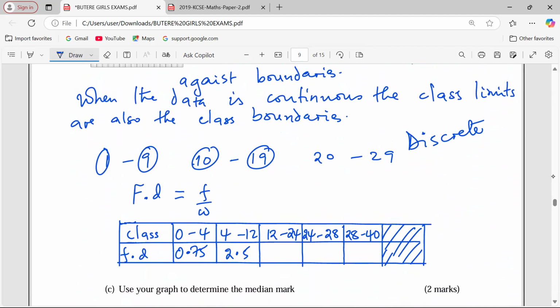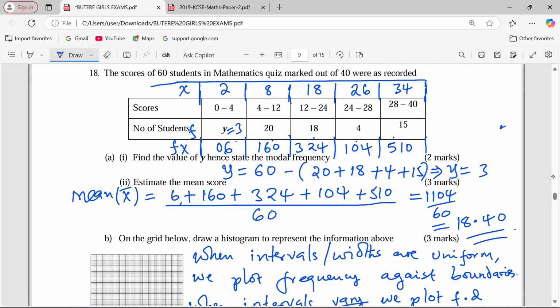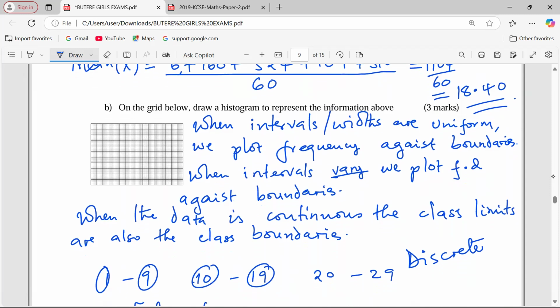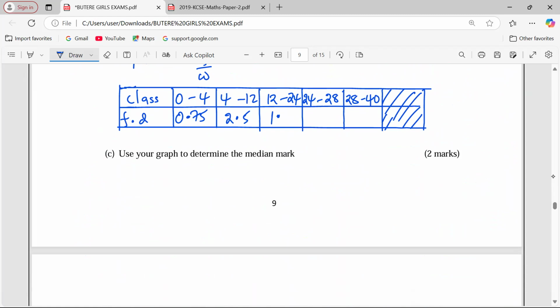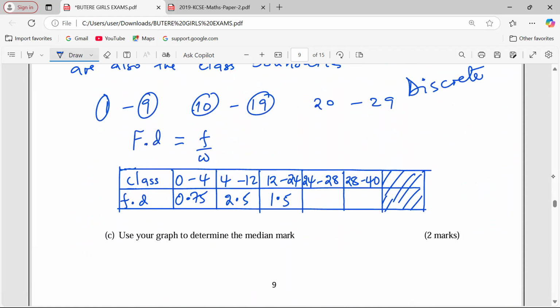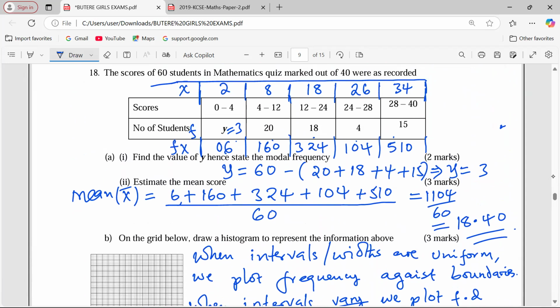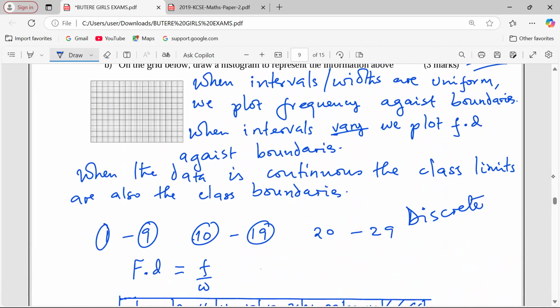From 24 to 12, we will have a class interval of 12. What is the frequency? The frequency is 18. So 18 over 12, we get 1.5. The next, from 28 to 24, we have a class width of 4. So the class width of 4 should divide a frequency which is equal to 4. 4 over 4, we are getting 1.